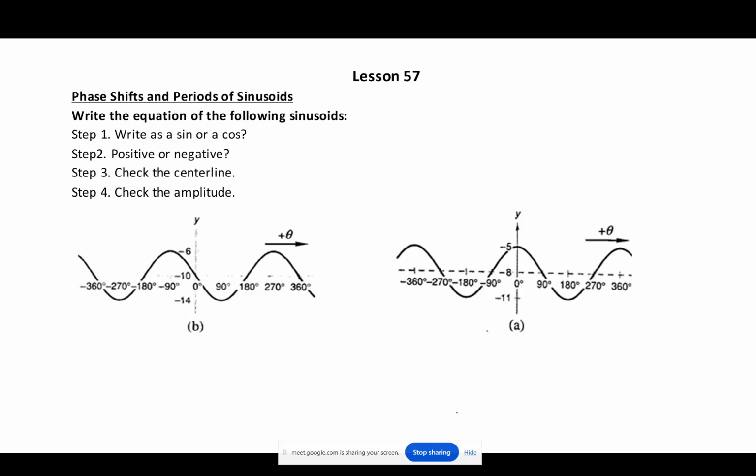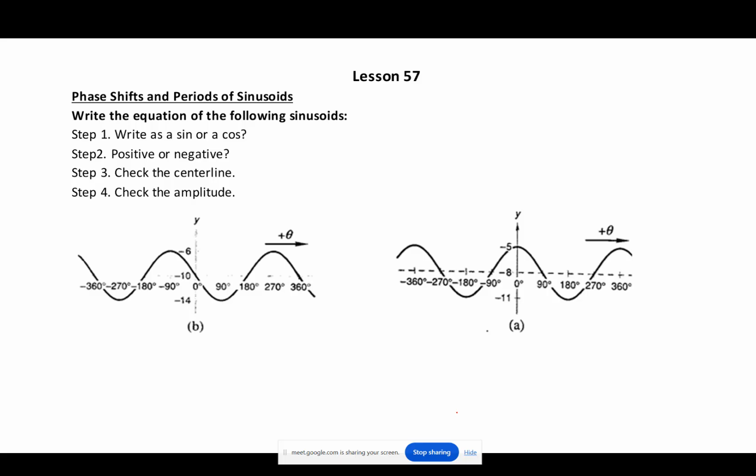Now we're going to start seeing what happens if you shift the sinusoid left or right, and if the period of the sinusoid changes, which we'll talk about what that means in a second.